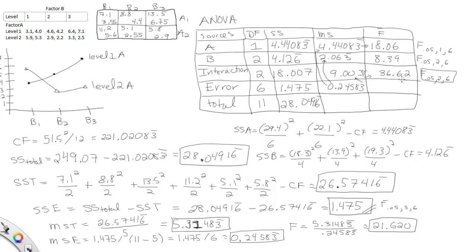If this interaction is not significant, then you would move on to testing these individual pieces using these critical values, and at that point you would make your decision as to whether A was significant or B was significant, or perhaps both are significant. But that would only be necessary if the interaction effect isn't significant. If the interaction effect is significant, you don't need to worry about that. So ultimately, that's how you do this. These problems are very long, very time consuming, as you can tell.